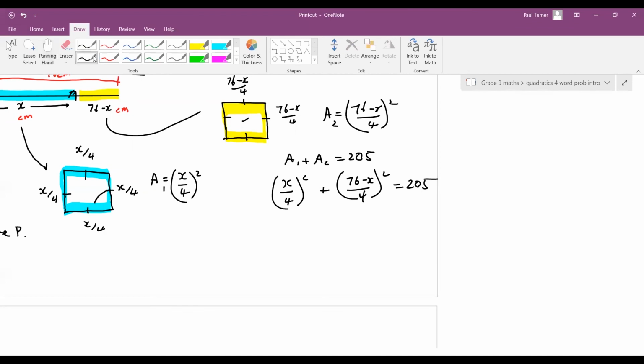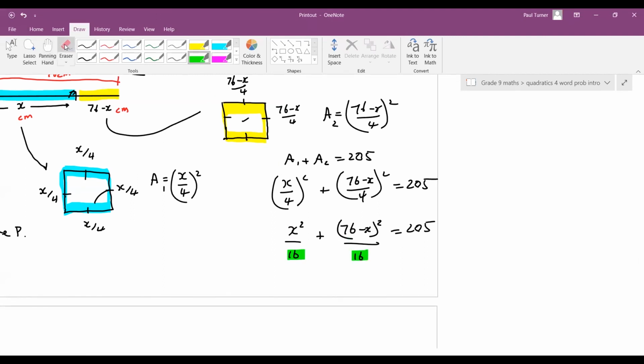So I'll do a little bit of expansion and you can fill in the gaps if you like. So x squared on 16 plus 76 minus x squared on 16. I did that for a reason. I don't want to expand this just yet. I just want to have a 16 here. And that's 205. But now you see here you have a common denominator, 16, 16.